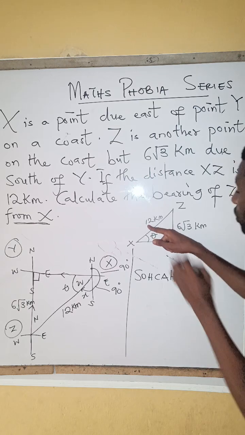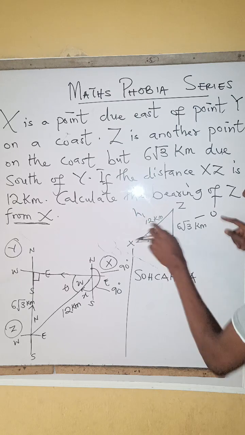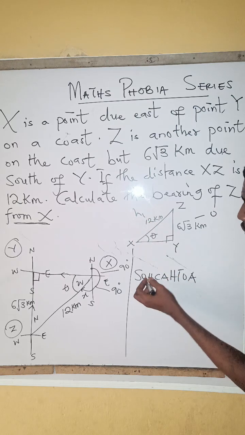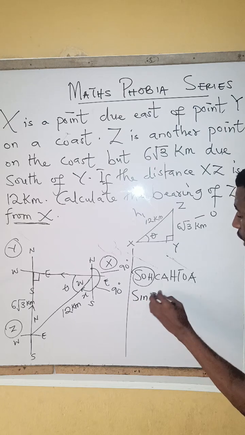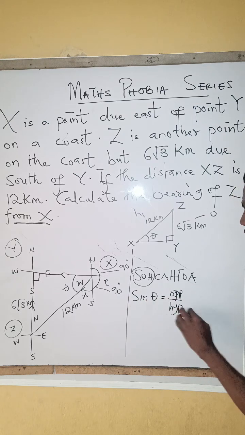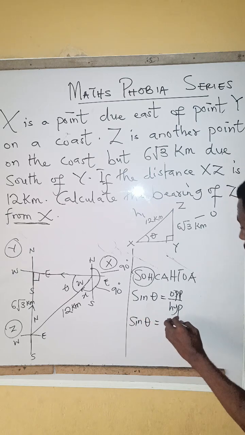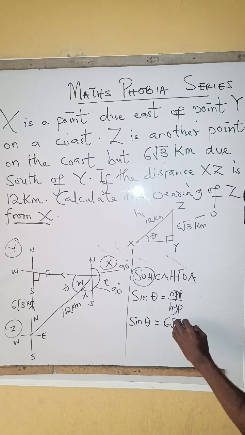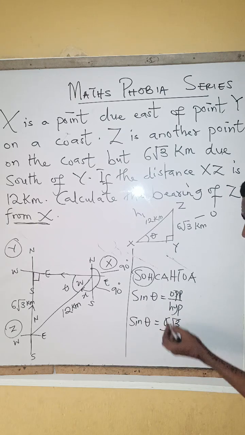Using my SOHCAHTOA, follow me. This is the hypotenuse, and I have the opposite. Opposite and hypotenuse shows we have sine. So sine theta is opposite over hypotenuse, meaning my opposite is 6√3, and my hypotenuse is 12. 6 can go here once, 6 can go here twice.